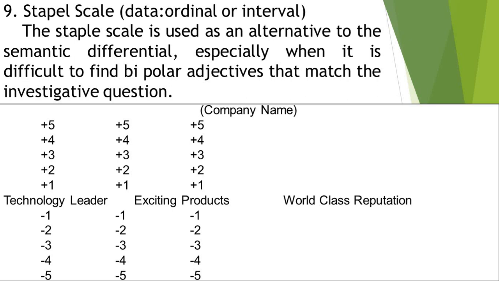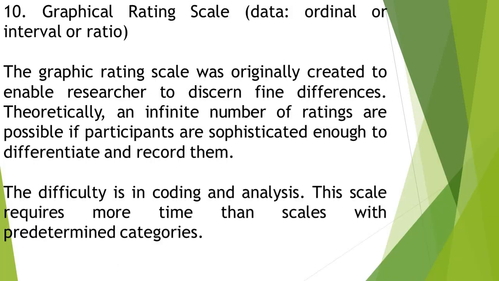In this type, if you have difficulty finding bipolar adjectives, then you can use the Stapel scale. Technology leader, so at least you can rate 5 up or 5 down. Exciting products, 5 up, 5 down. World-class reputation, 5 up, 5 down. So it's up to you how you will design your questionnaire.